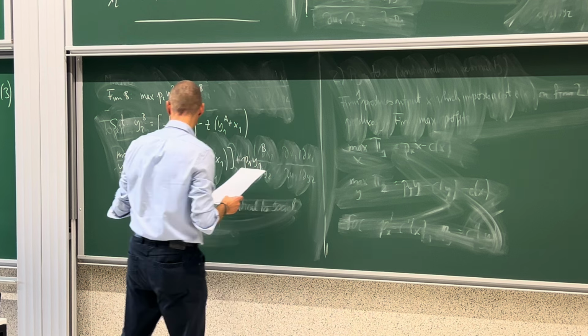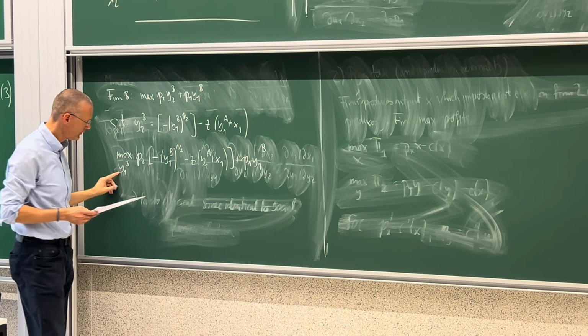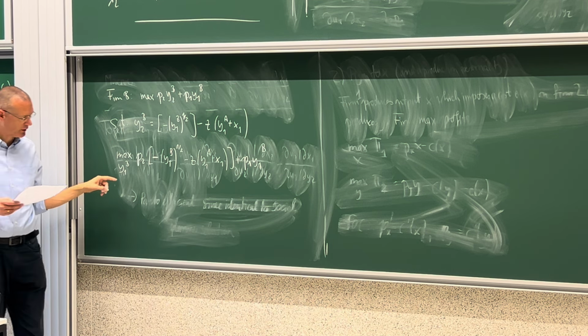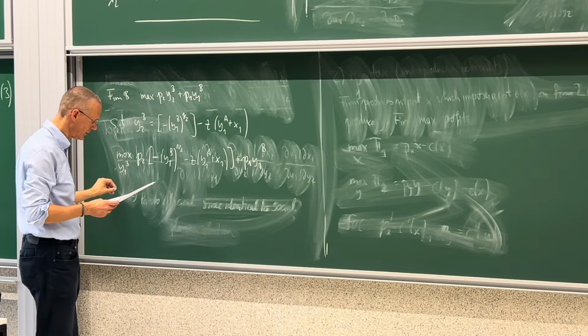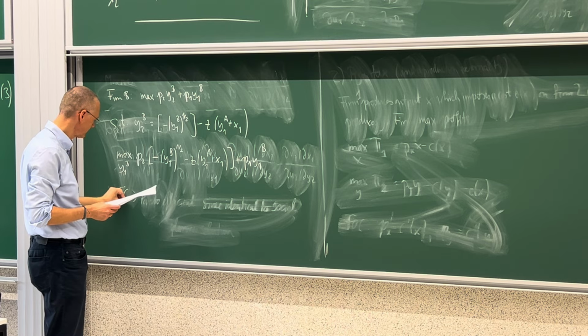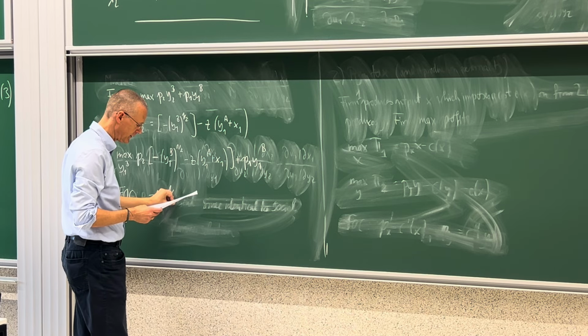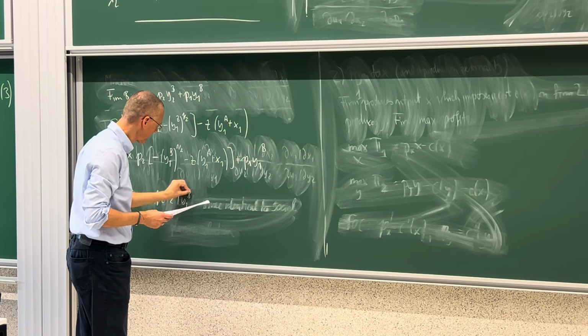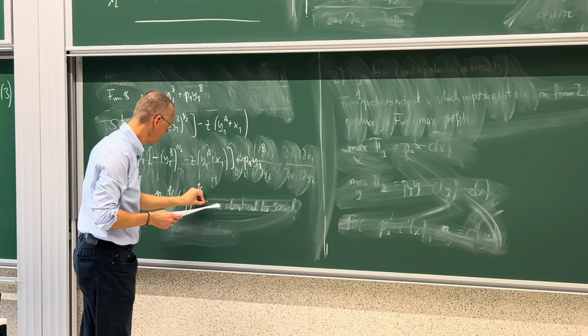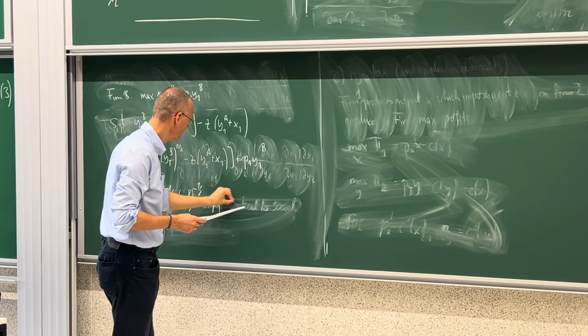And now I maximize with respect to Y1B, the input choice of firm 2, and you get a first order condition, which is minus P2 1/2 times Y1B elevated to minus 1/2 plus P1 equal to 0.